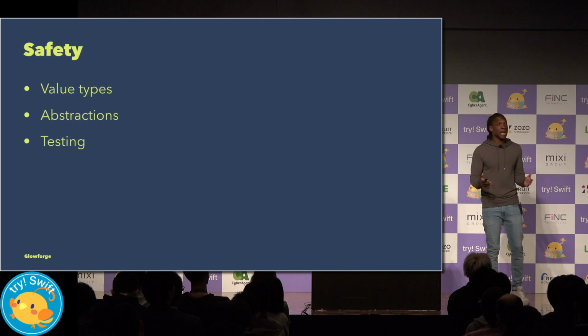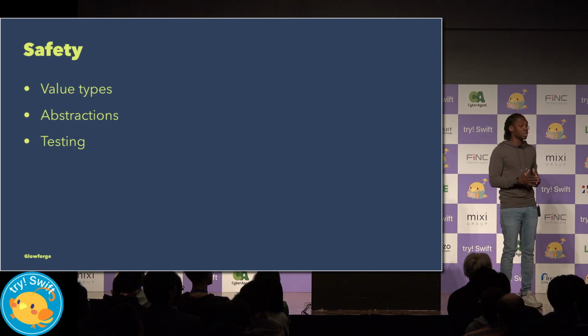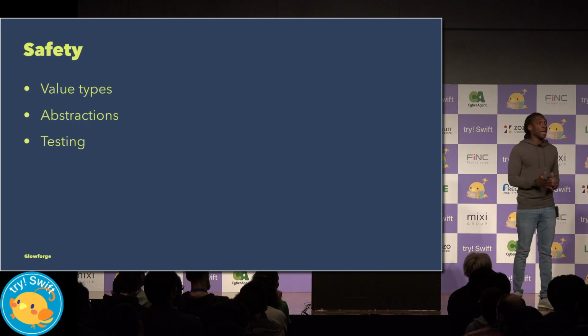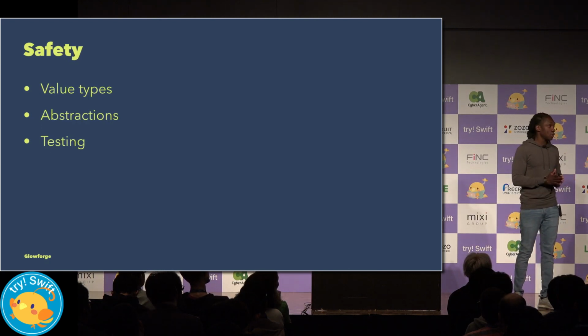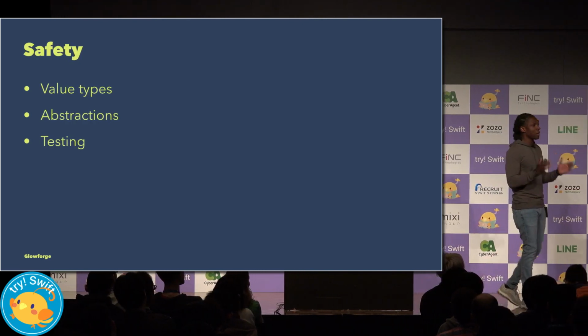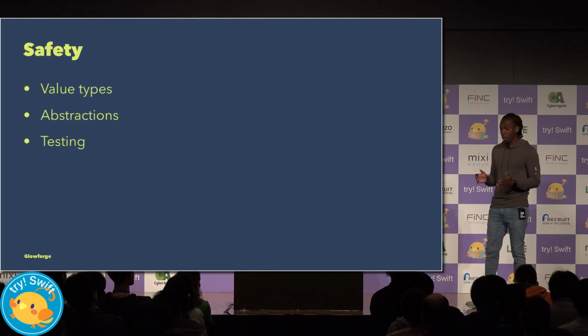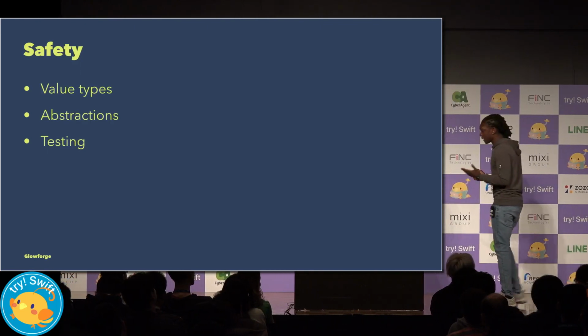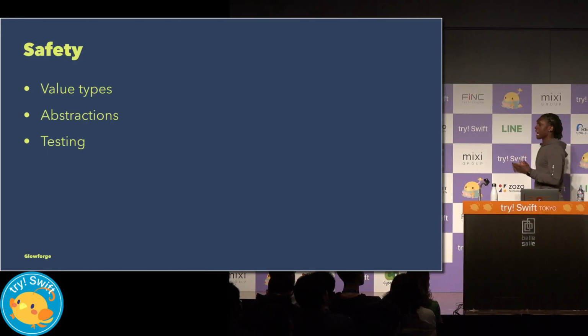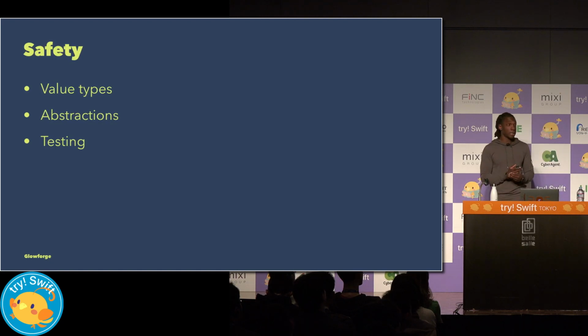So I spend a lot of time thinking about how I could write my code so it's safe. And one way I do that is I use value types to model the majority of my data. And that way, I get rid of a lot of unwanted or unexpected mutation. I also use abstraction, maybe to a fault.